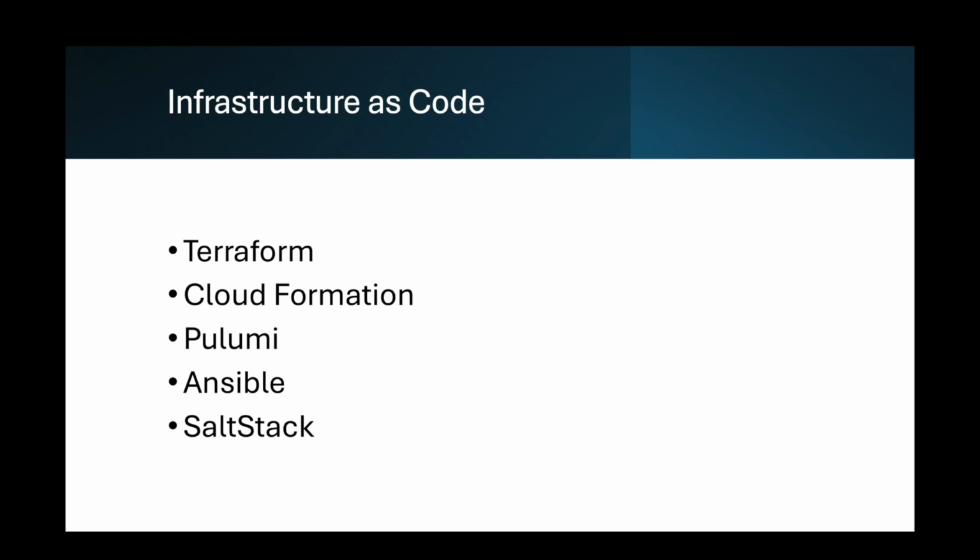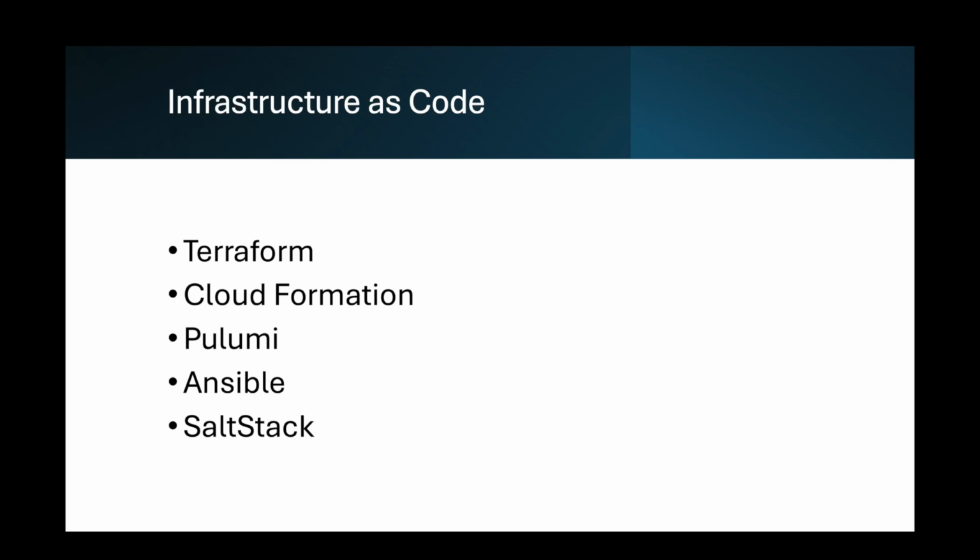consistency, and repeatability in deployment processes. Tools like Terraform and Pulumi offer cloud-agnostic solutions, allowing infrastructure to be managed across multiple providers using either declarative or code-based approaches. CloudFormation is ideal for AWS-centric environments, providing deep integration with AWS services.